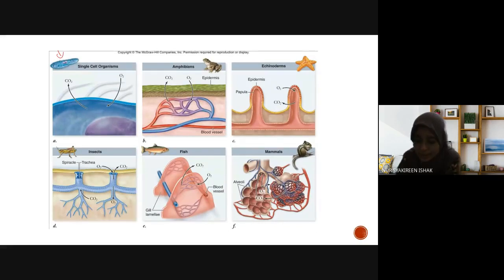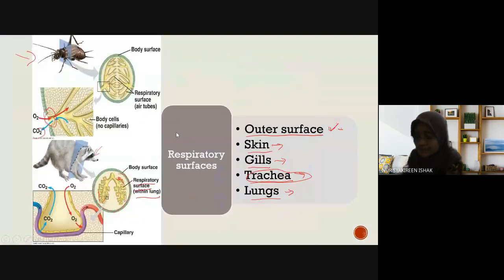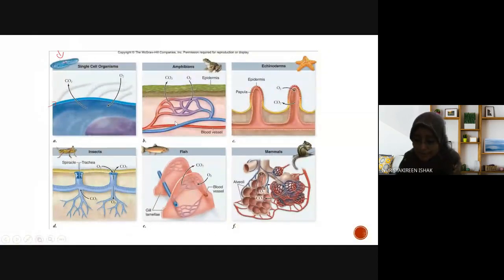So you have several organisms that use several different respiratory surfaces. Here you have unicellular organisms, such as the paramecium or amoeba, one-cell organisms. They use the cell surface, the outer surface, the cell membrane. They obviously do not have any complex organs, so they just use the cell membrane to allow oxygen to diffuse in and carbon dioxide to diffuse out.